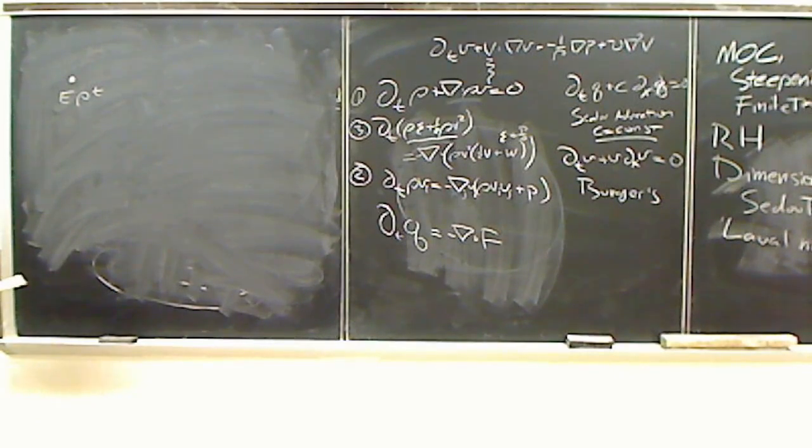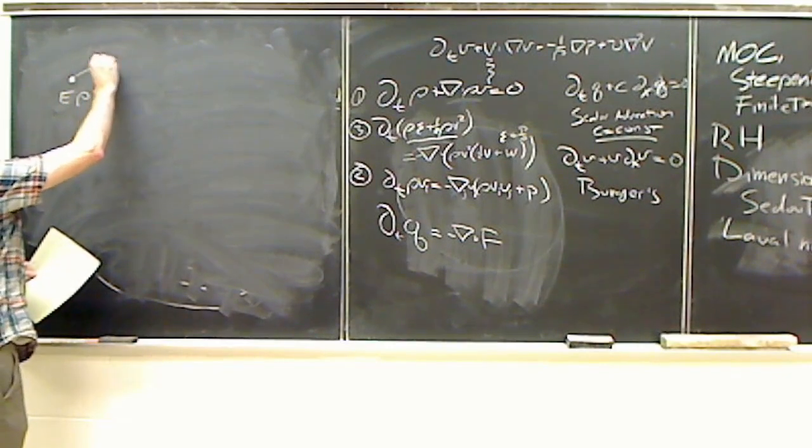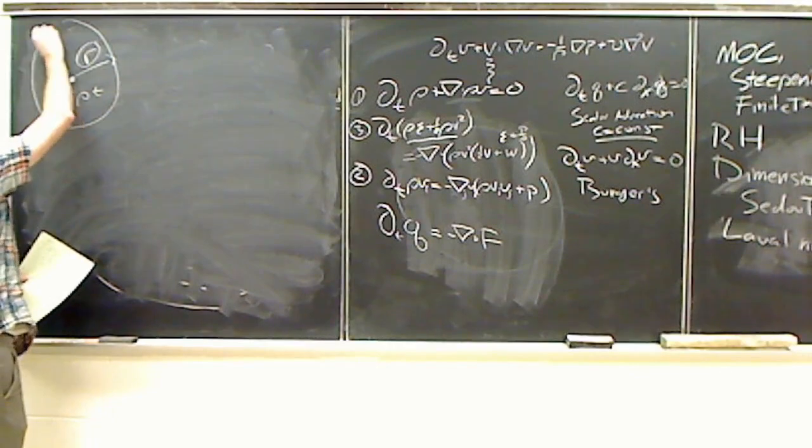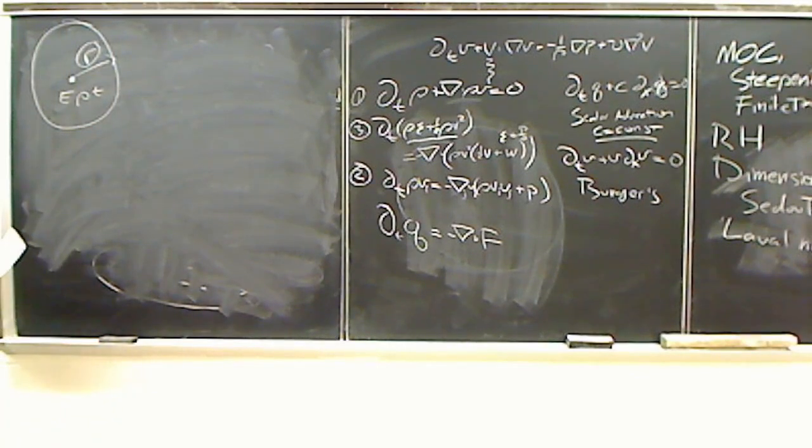So what we want is an estimate of the radius of the explosion, just assuming what we know about the energy of the explosion and the density that it's running into.